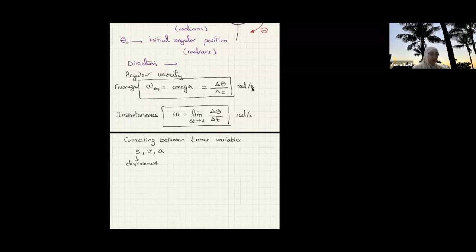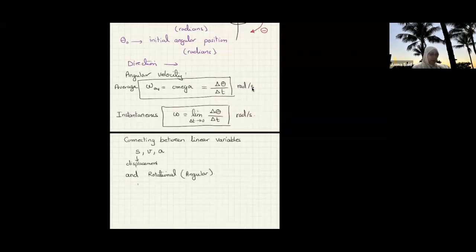Okay, now between linear variables and rotational, or angular, variables. My angular variables are gonna be theta, omega, and alpha.